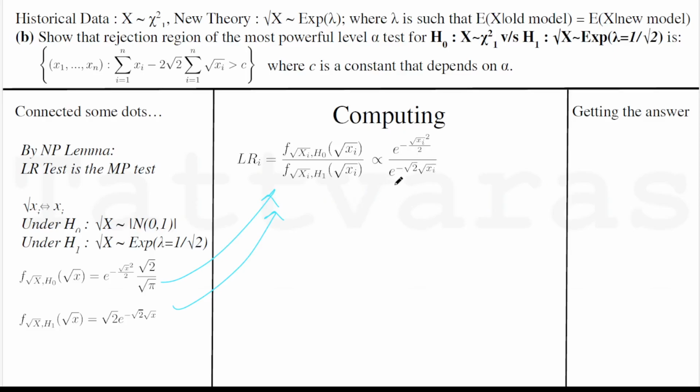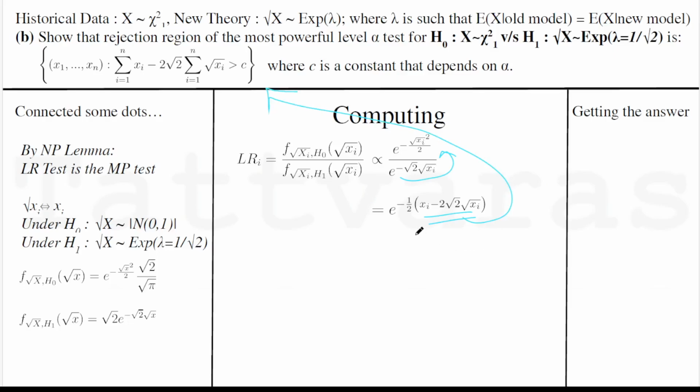I'm not concerned about the constants, because whenever we are constructing tests, we should focus on the statistics only, not the constant. It just becomes easier to save time when you're writing these things in the examination hall, and your marks won't be cut because you are sticking to relevant things only. And once you simplify this, you get something like this.